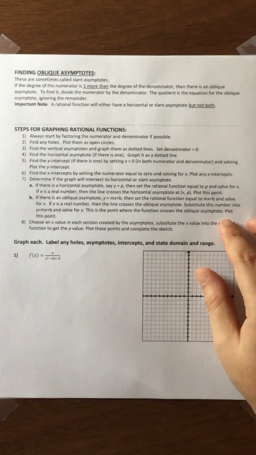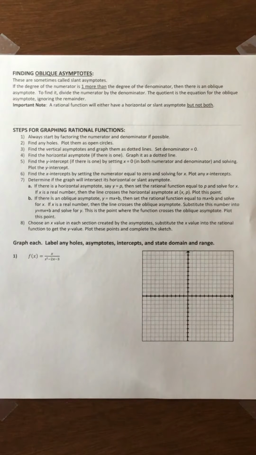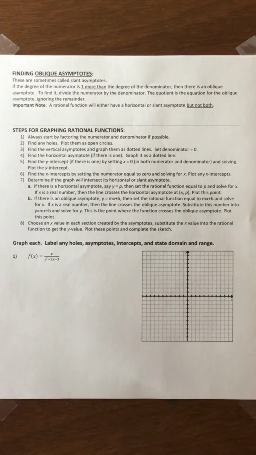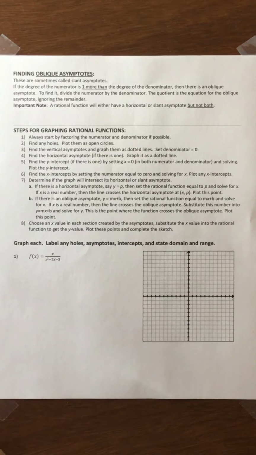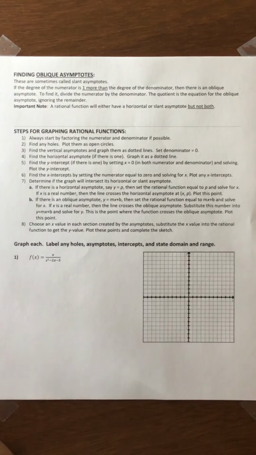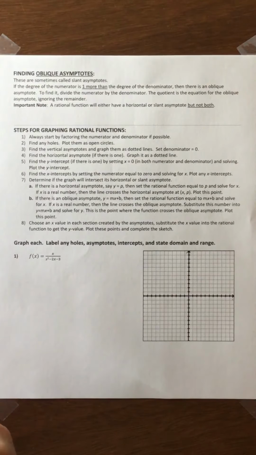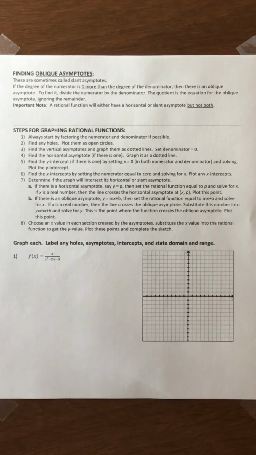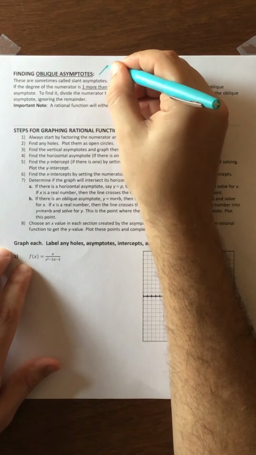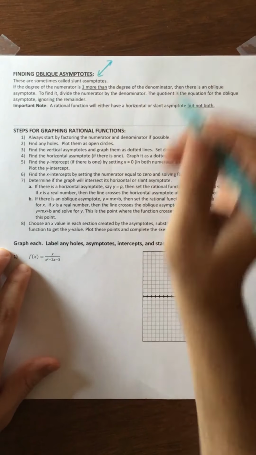This next part is a little new. Oblique asymptotes. Oblique asymptotes are asymptotes that are not vertical or horizontal. They might be along a line that's slanted like this, okay?